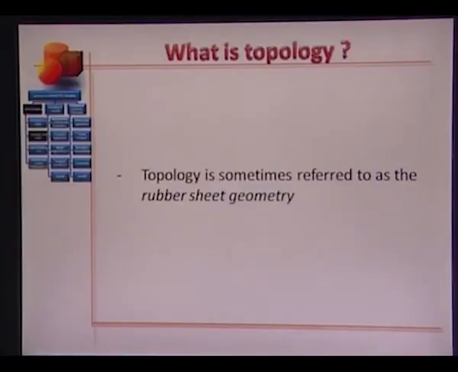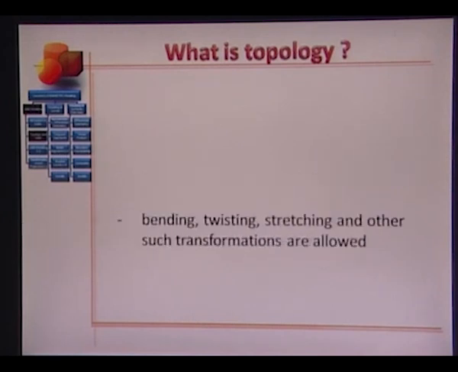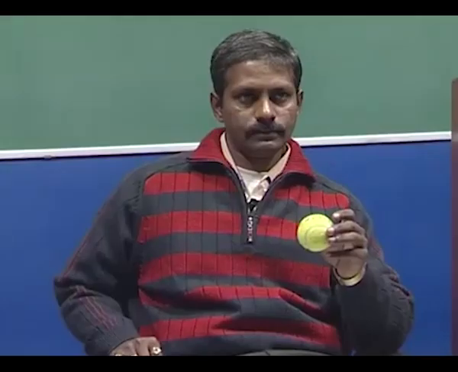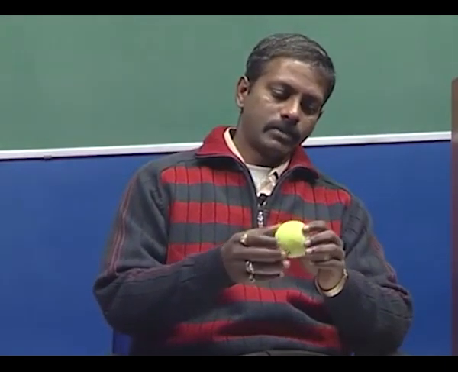Topology is sometimes referred to as the rubber sheet geometry. When studying topological properties, bending, twisting, stretching, and other such transformations are allowed. Cutting, tearing, and gluing operations are not allowed. Consider this tennis ball.